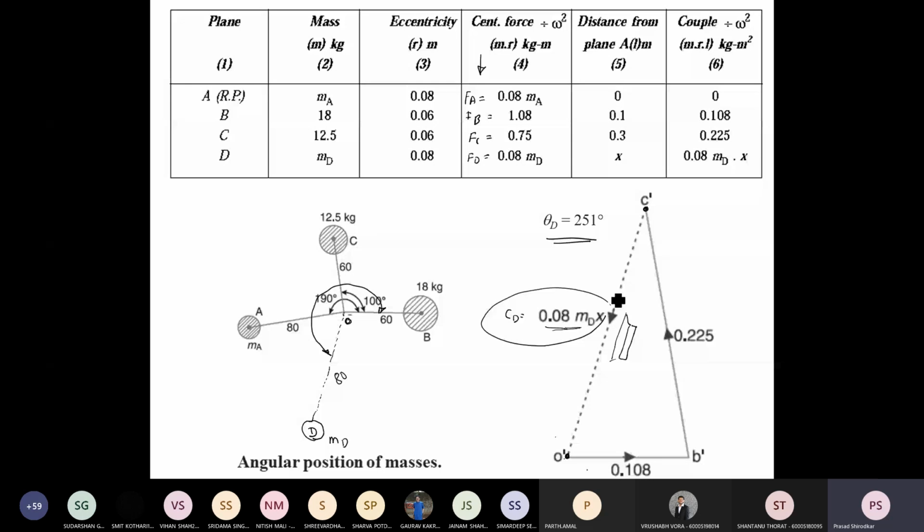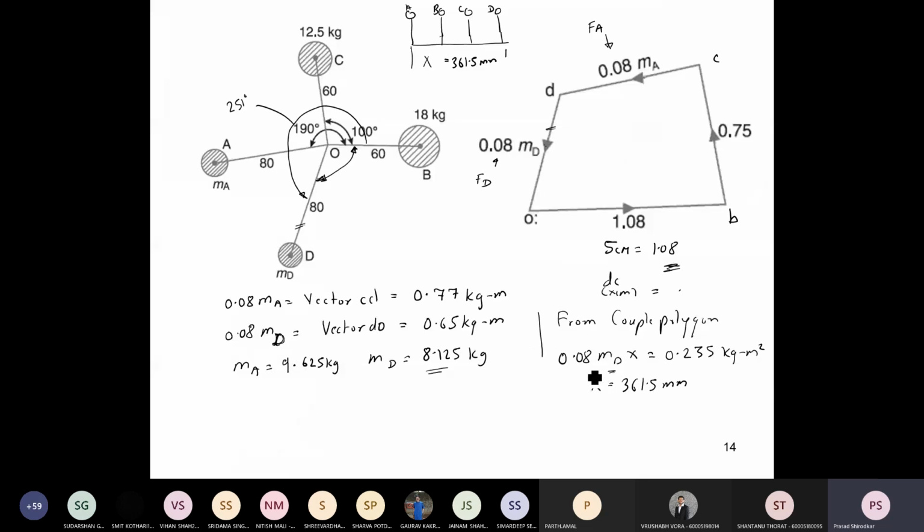Alright, so when I convert it into kg meter square, I get 0.08 mdx is equal to 0.235 kg meter square. Alright, now in this md is known, that is from our force polygon we have got it as 8.125 kg. So substitute md as 8.125 kgs and that will give you the value of x, that is the distance of D from A.